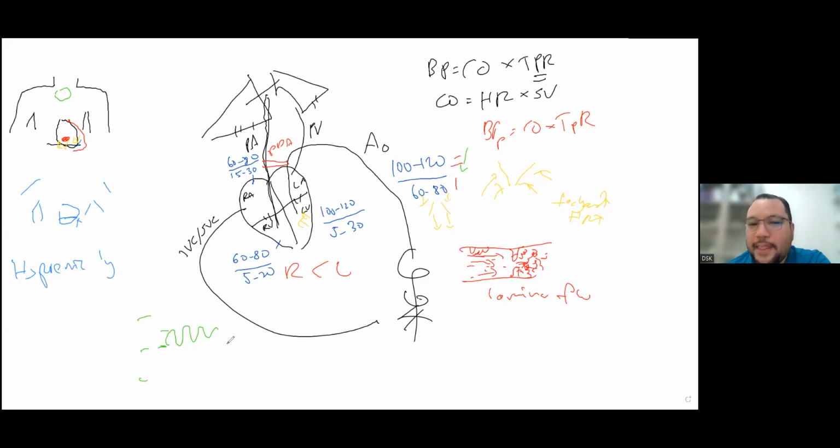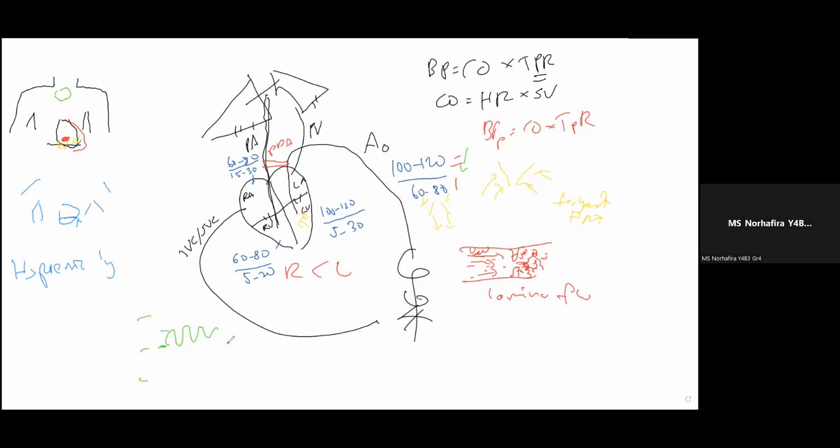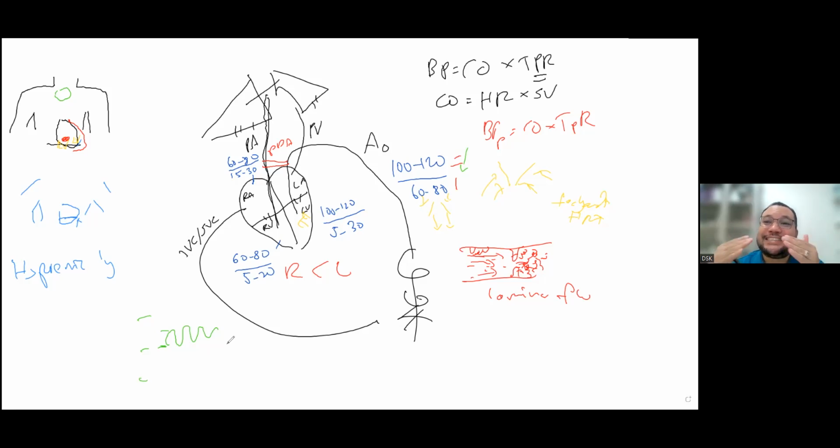Okay, sekarang how about aortic regurgitation? Masa systolic ada bunyi tak? Tak ada. Sebab apa tak ada? Sebab memang kerja aortic valve tu masa systolic untuk buka kan?